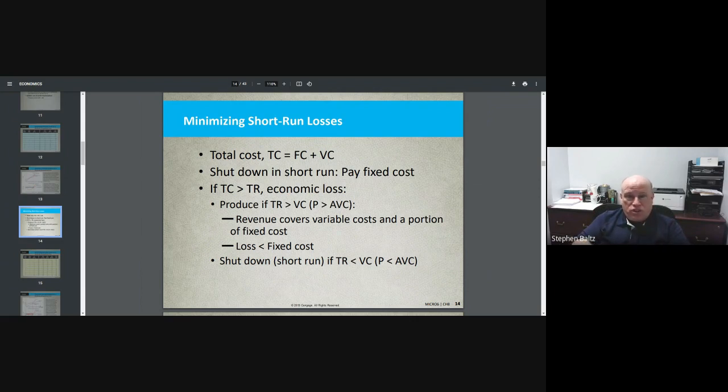In other words, produce 0 units temporarily, and then wait and see what the market does later. Because by shutting down, your loss is just going to equal your fixed cost, and you're not going to lose part of your variable cost as well. All right. So that's the basic shutdown decision in the short run when you're faced with an economic loss.